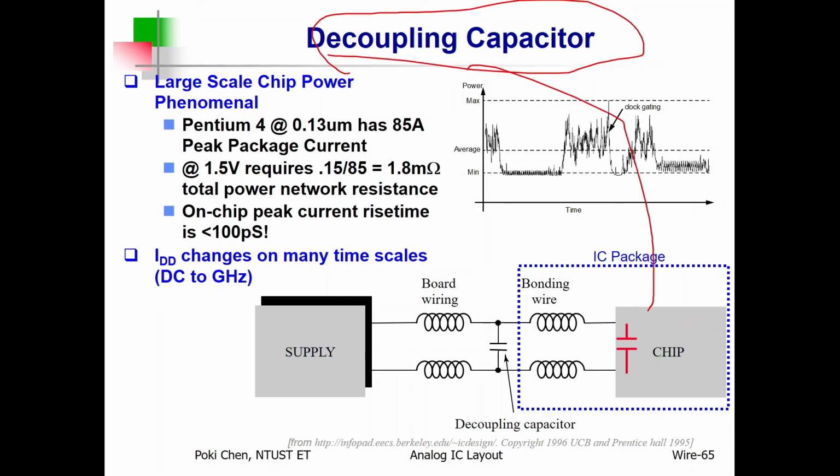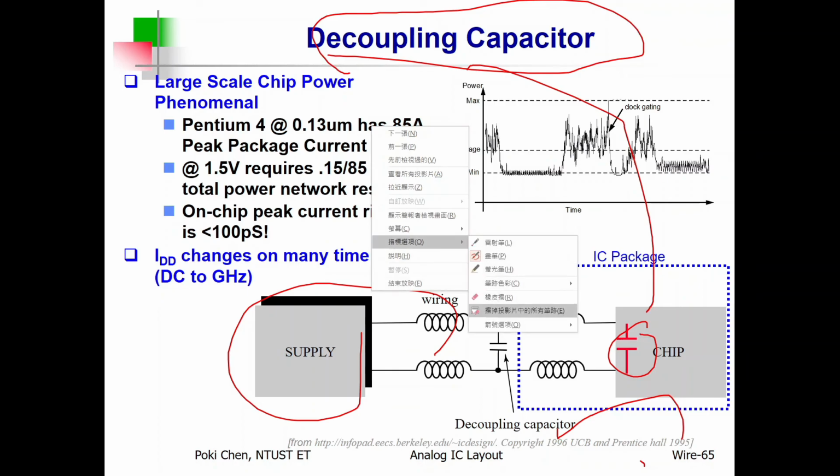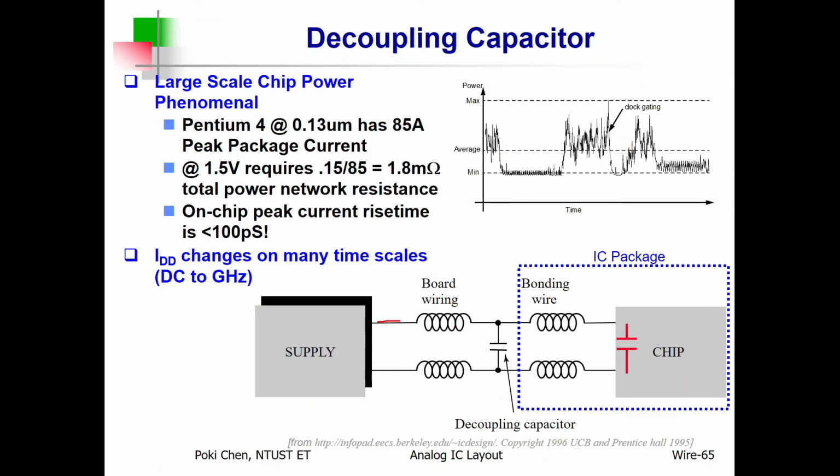I say here, okay, for all those slides I showed you, all of them discuss the on-chip capacitor. But except for on-chip decoupling capacitors, we still need off-chip decoupling capacitors. Because if the power supply is good enough, the output voltage should be stabilized here.